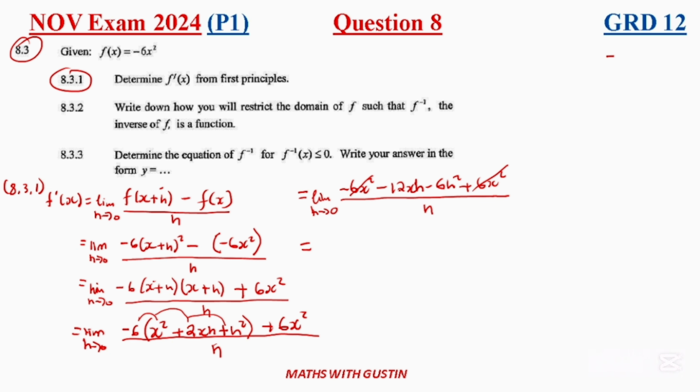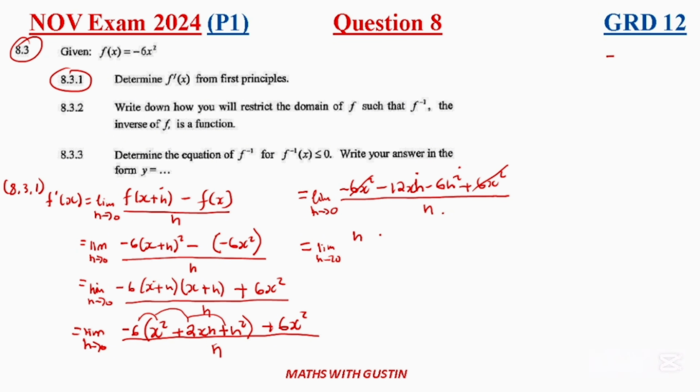Therefore, if you have a look, we've got h there, we've got h here, and we've also got the h at the bottom. So now what you can do is take out a common factor of h. We must keep writing the limit as h approaches 0.